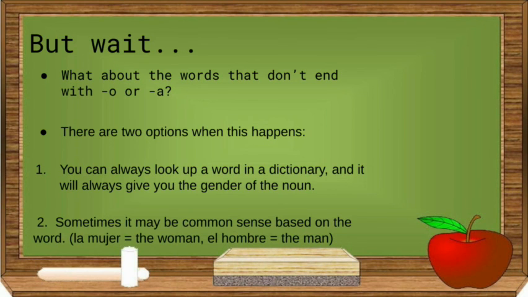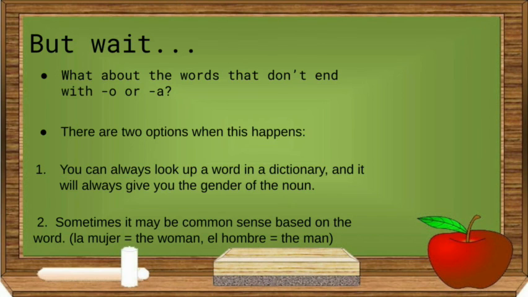That can't work for every word, but for example, la mujer. If you know that mujer means woman, it's evidence that it must be la mujer because it's feminine. Same thing for the man. El hombre. Yes, it ends with an E, but if you know that hombre means man, it would make sense that it has to be a masculine word, and therefore you'd figure out el.